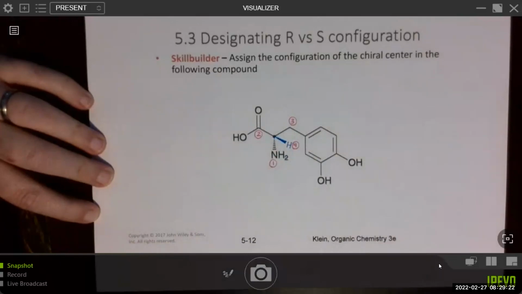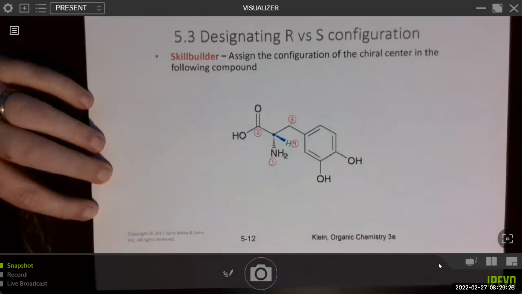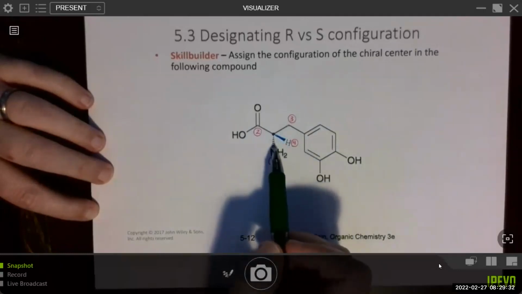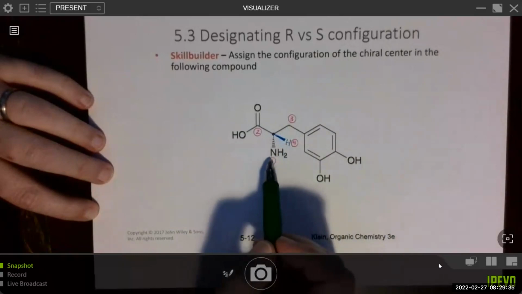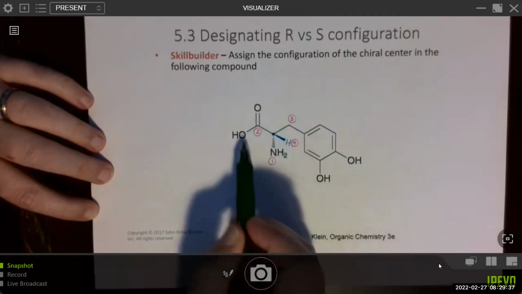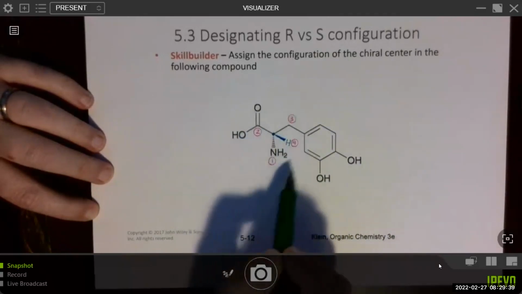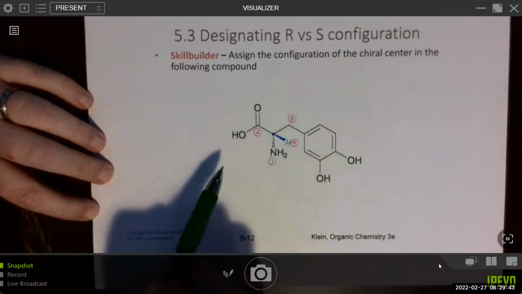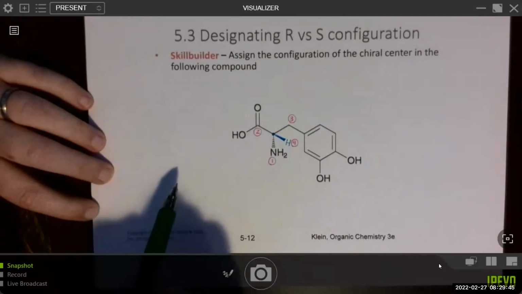So there's a couple of different ways that you could do this. The easiest way is a way that I really haven't told you yet, which is to look at this and say, this is 1 to 2 to 3 in a clockwise rotation, which is R. But because my fourth priority group is pointed out instead of pointed back, it's really going to be S.